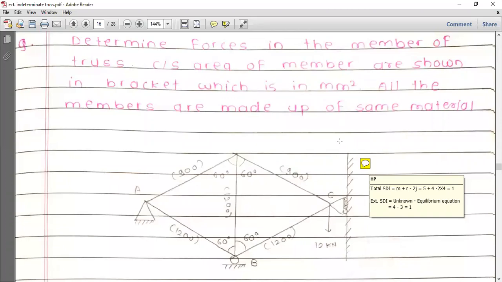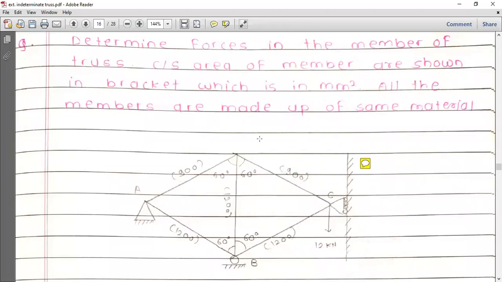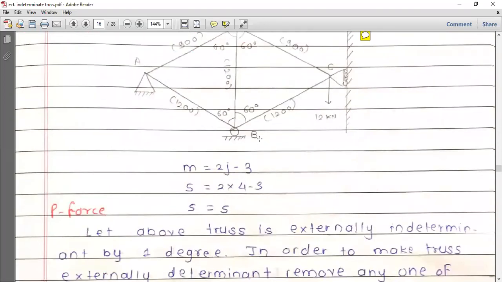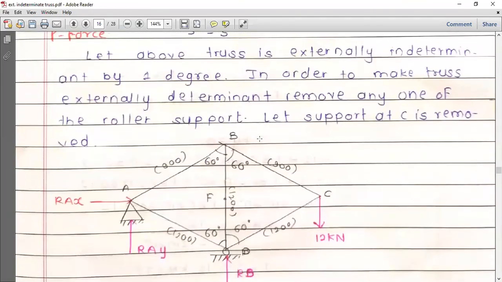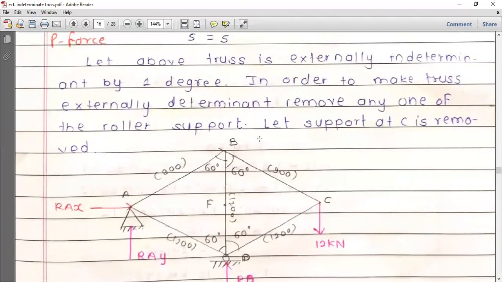Okay, so now to analyze this truss, first of all you have to go for the P force analysis. P force analysis means we just make the given structure a determinate type of truss.